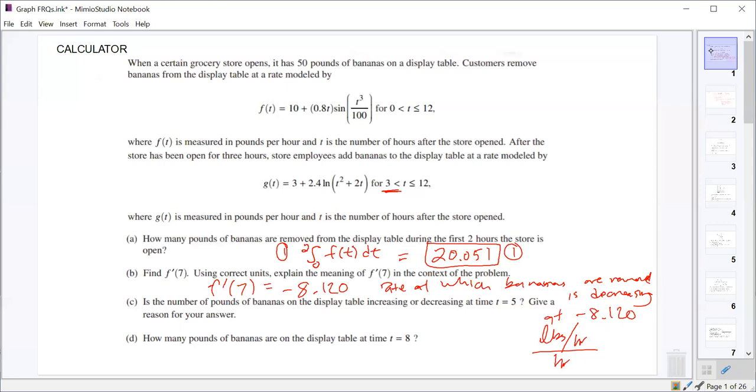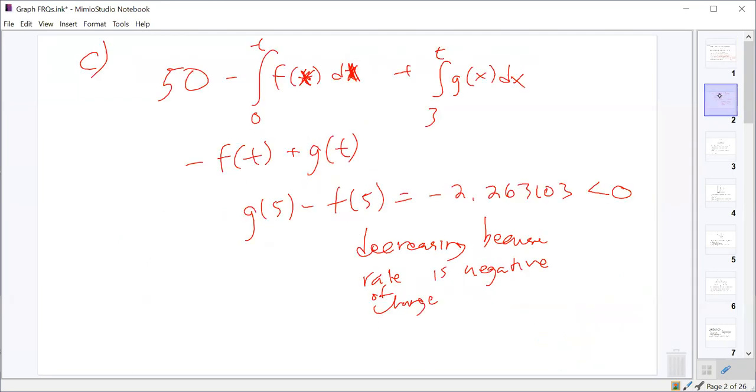All right, and then part D, how many pounds of bananas are on the display table at t equals 8? That one should be pretty easy now that we have written an equation to represent the number of pounds of bananas on the table at any given time. All we have to do is evaluate this equation when t is 8.